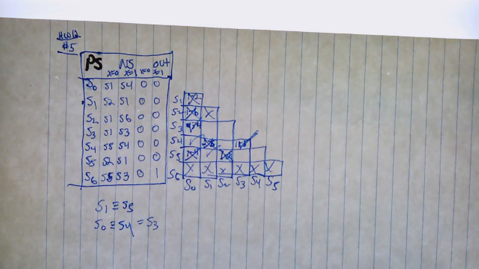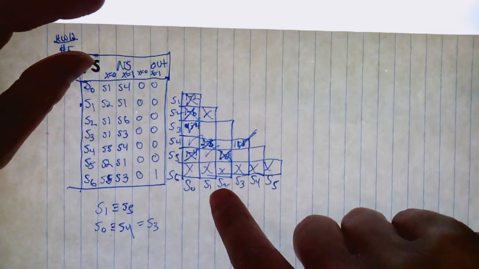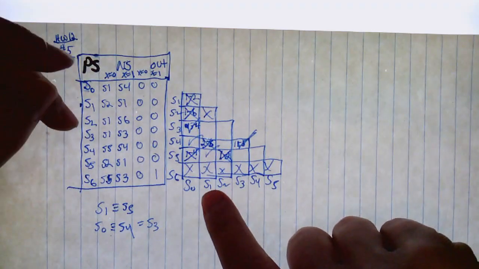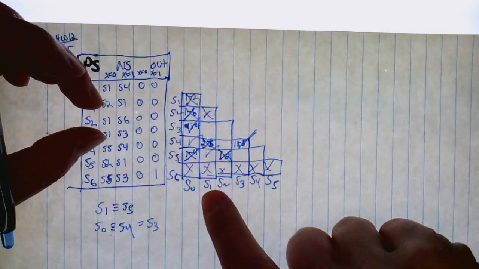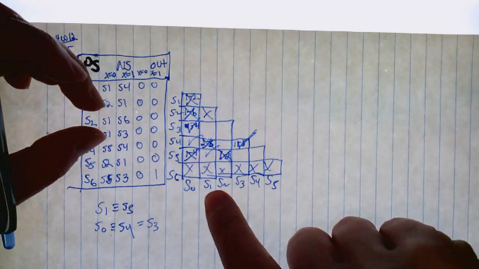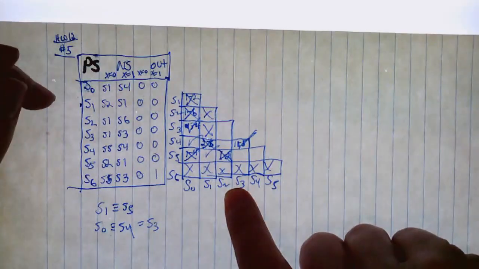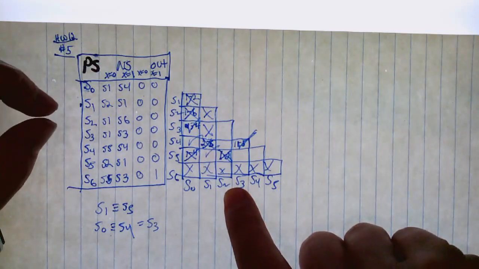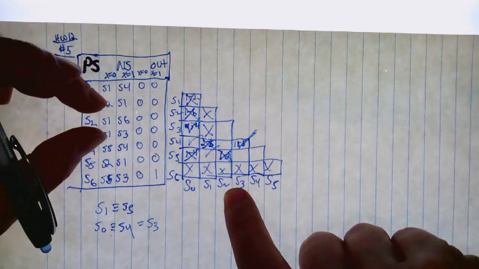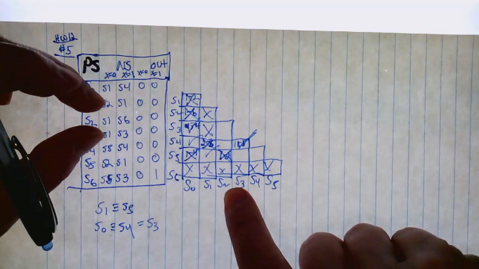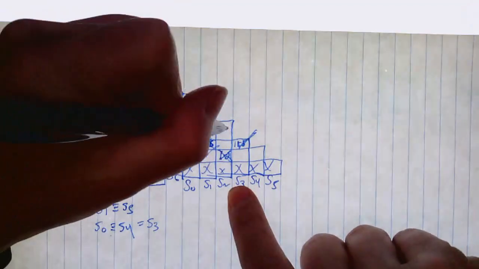And then it says here S1 is equal to S3 if S1 is equal to S2, and it isn't, so we'll take that out. And then S2 is equal to S3 if S1 equals S2, and it's not.